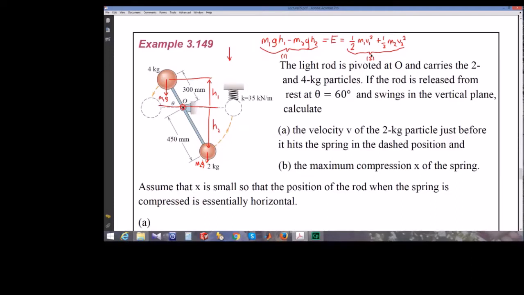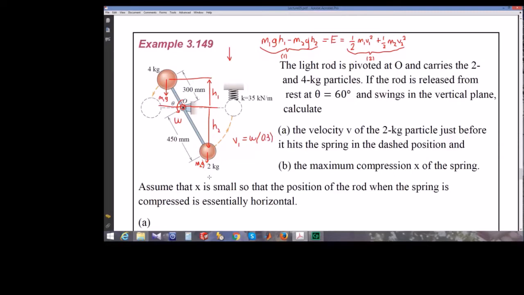Now, V1 and V2 are not independent from each other. They are connected to the same beam. So if we say at that instant where they become horizontal, the angular velocity is omega, then you can calculate V1 with respect to omega and say this is omega times 0.3, because that's the radius, right?